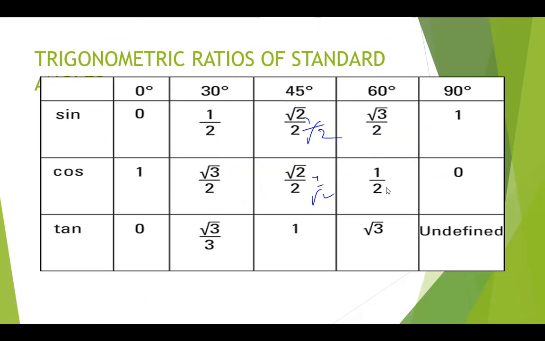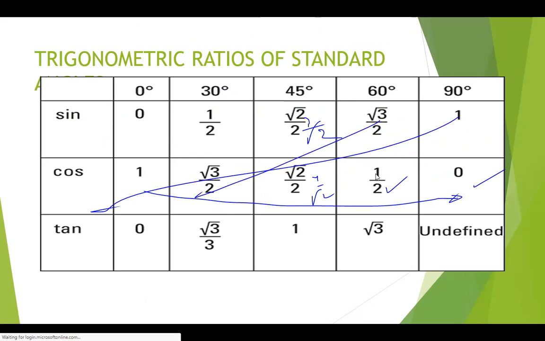Then cos 60 is 1 by 2. Cos 90 is 0. This line is written in the reverse order. Sine 45 degree is equal to cos 45 degree equal to 1 by root 2. Whereas cos 60 is equal to sine 30. Why I told you? Because sine and cos are co-ratios to each other.